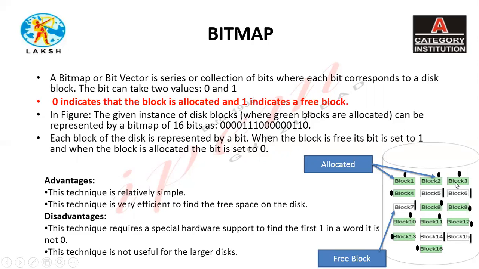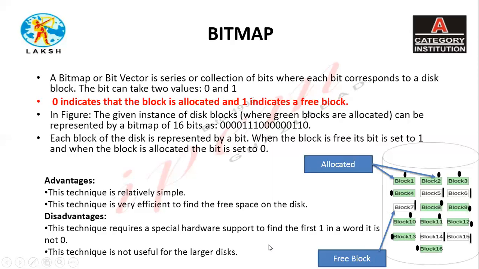The green blocks have 0 written on them, and some blocks have 1 written. The green blocks are allocated blocks and the others are free blocks. So in this bitmap we use 0 to indicate allocated and 1 to indicate a free block. Simple. I hope you understand this concept.